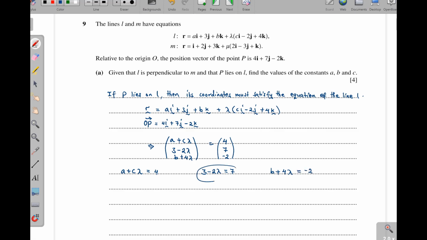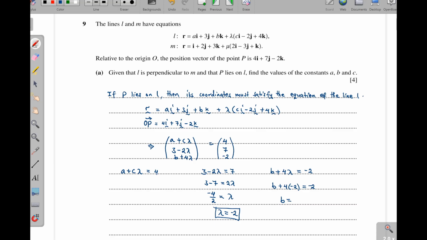From here, I can get the value of lambda, then substitute it here to get the value of B. Not so? So we have 3 minus 7, which will be equal to 2 lambda. This will be negative 4, which we divide by 2, and then lambda will be equal to negative 2. That means B plus 4 times negative 2 gives us negative 2.